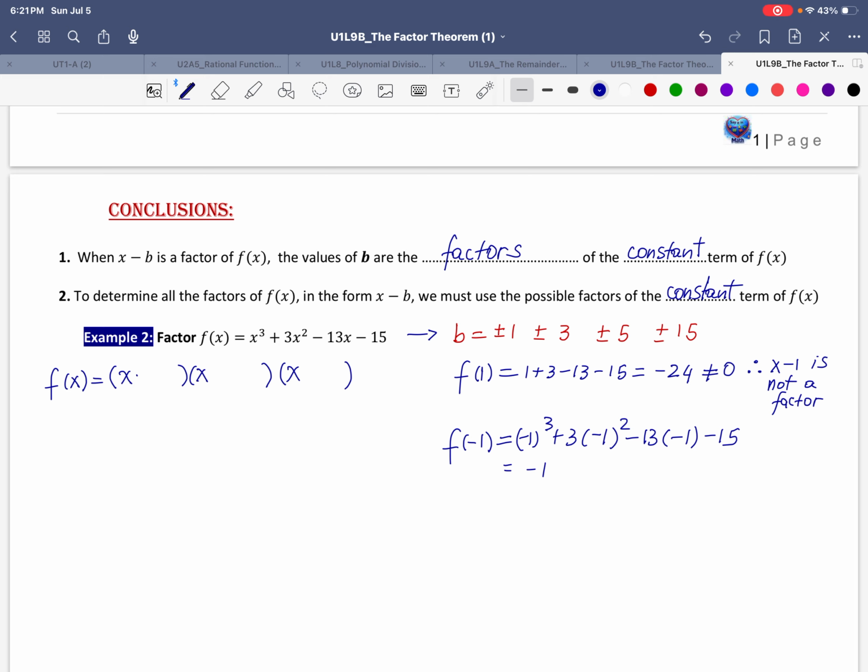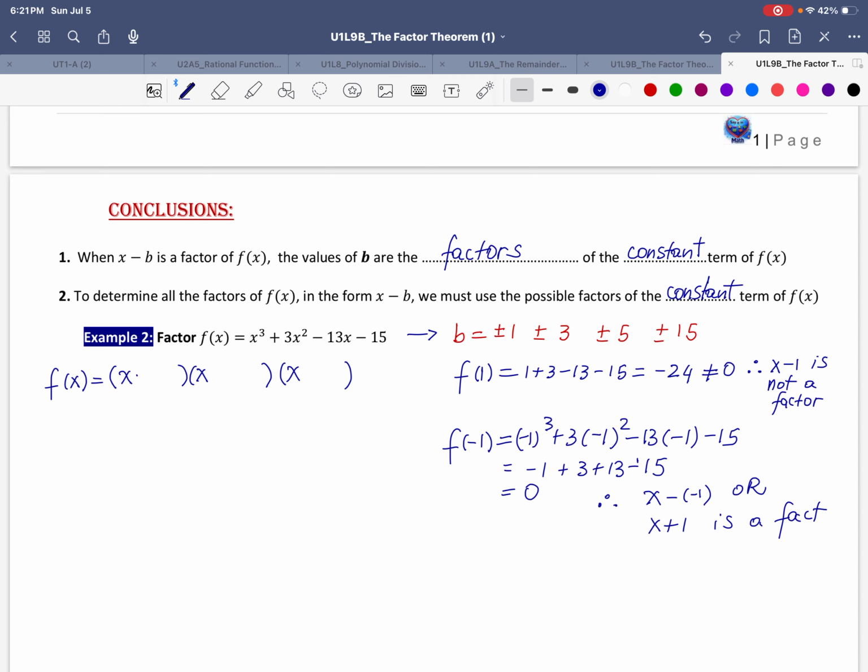So this is -1 plus 3 plus 13 minus 15. In this case, we're going to have a 16 positive and a 16 negative. So that equals 0, which means that x minus -1, or shall we say x plus 1, is a factor.